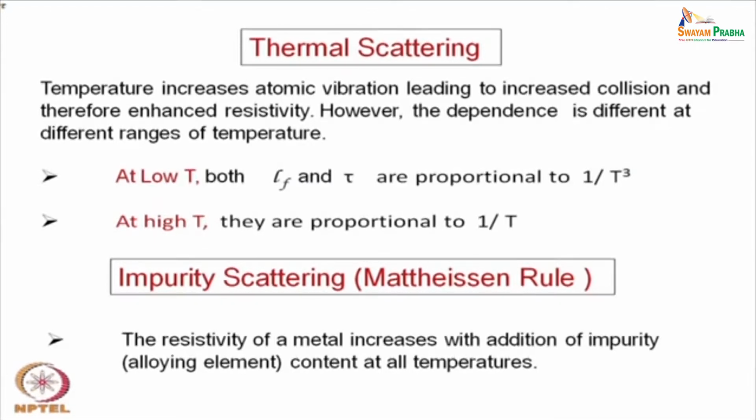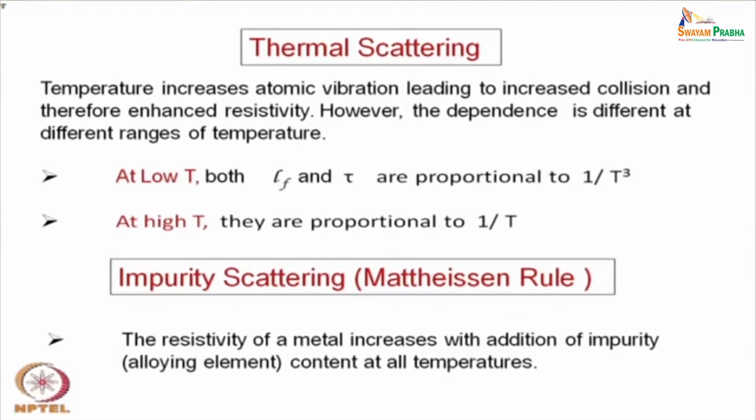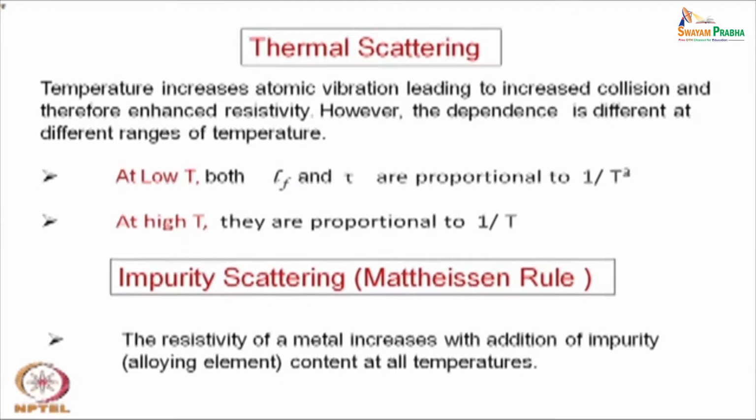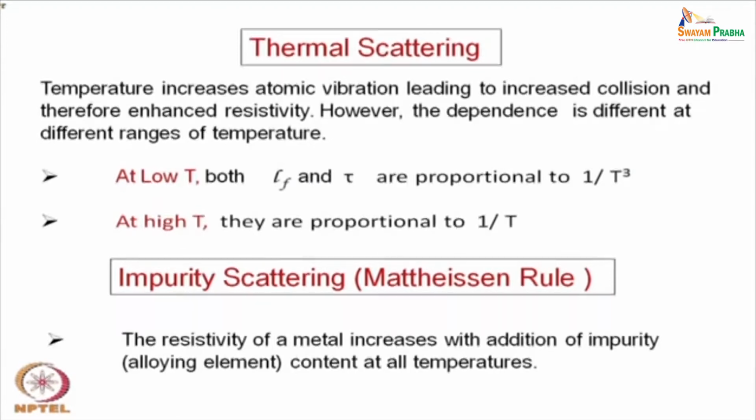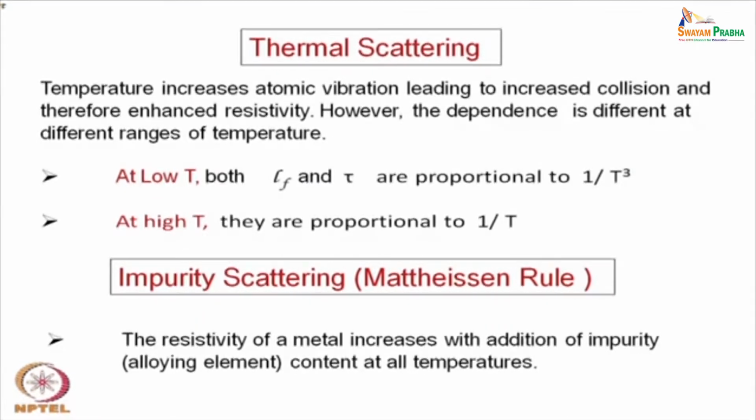This is almost an independent phenomenon, and this is also very important, particularly when we are dealing with very highly conducting materials like silver, copper or gold and so on.